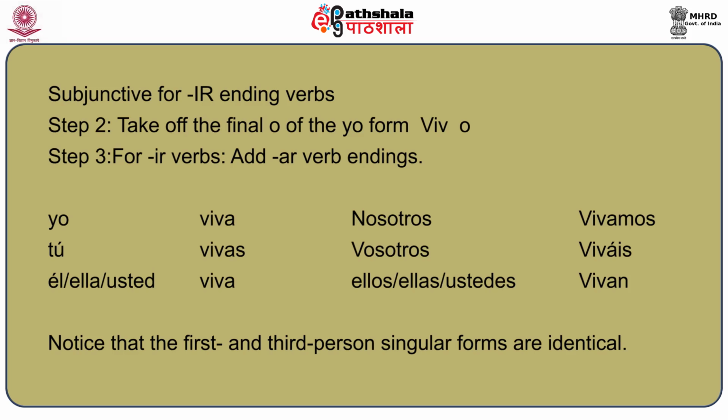The conjugations are: yo viva, tú vivas, él, ella, usted viva, nosotros vivamos, vosotros viváis, ellos, ellas, ustedes vivan. Again, notice that the first person singular and the third person singular are identical and can be understood by mentioning the subject pronoun or by the context.